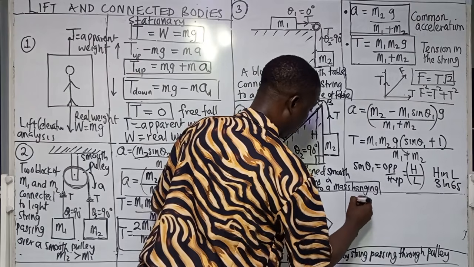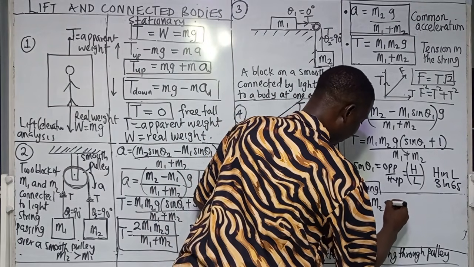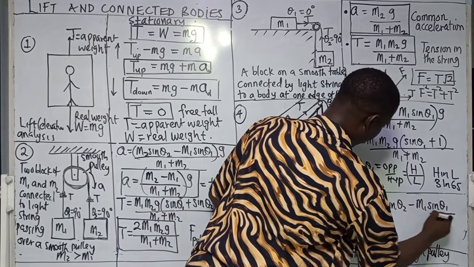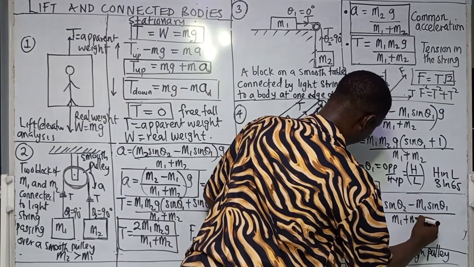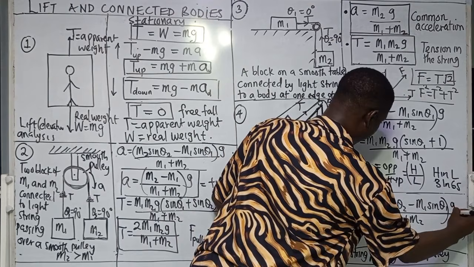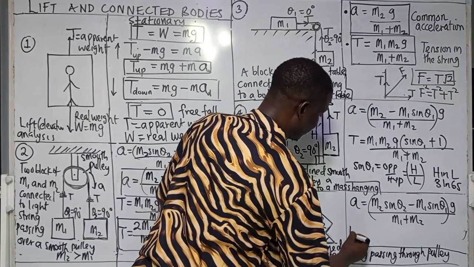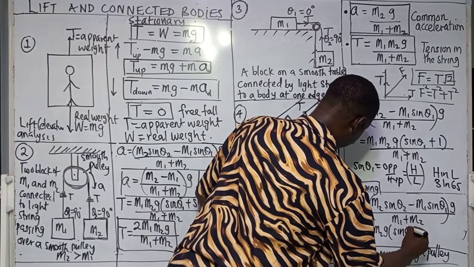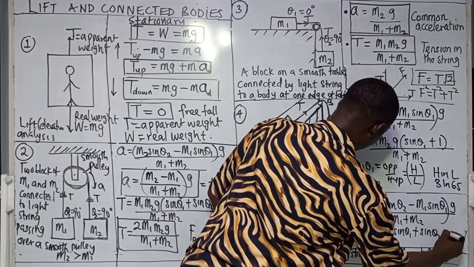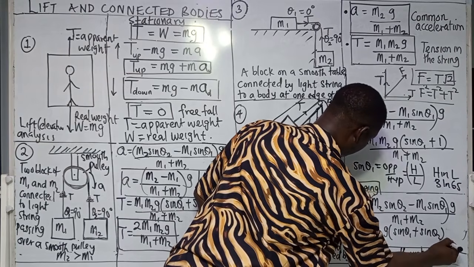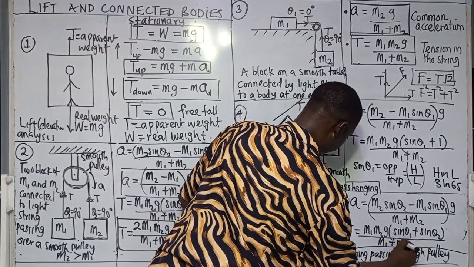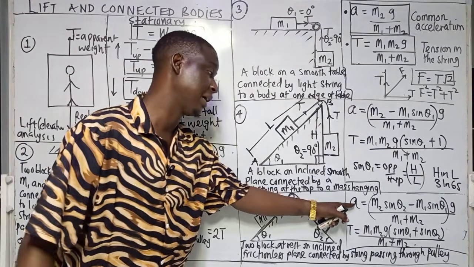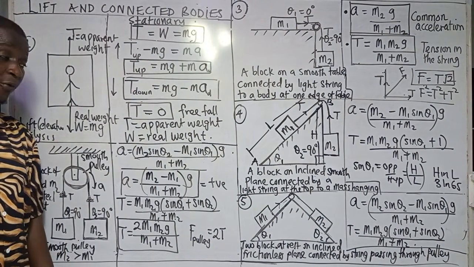So our last one is common acceleration: M2 sine theta 2 minus M1 sine theta 1, all divided by M1 plus M2, all bracket times G. If I want to find the tension also, it is M1 M2 times G, the formula being sine theta 1 plus sine theta 2, all bracket times, all divided by M1 plus M2. So this is the tension and the common acceleration that you can be asked for connected bodies.